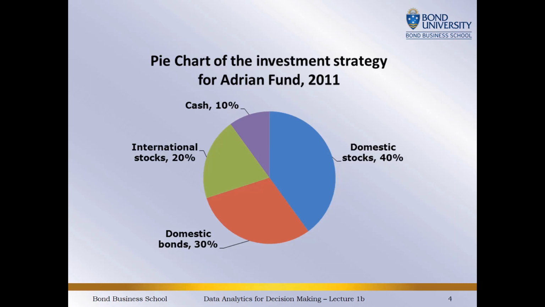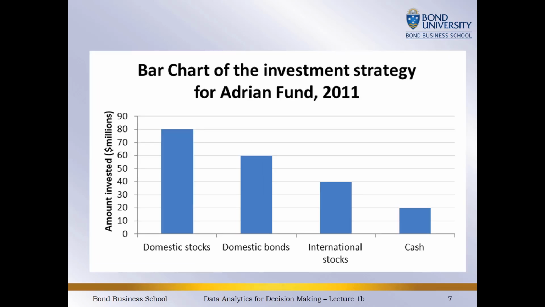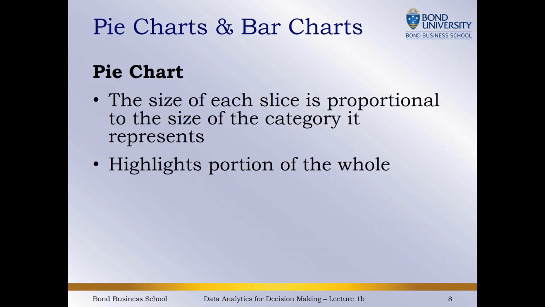Without the text, it takes a while to determine that the blue category is bigger than the red. Just looking at the pie, you're like, yeah, it is a bit bigger. But immediately, when you see it on a bar chart, you can see domestic stocks bigger than domestic bonds. Even when you don't have the amounts there, it's clearly easy to compare the different categories. So that's something to consider there.